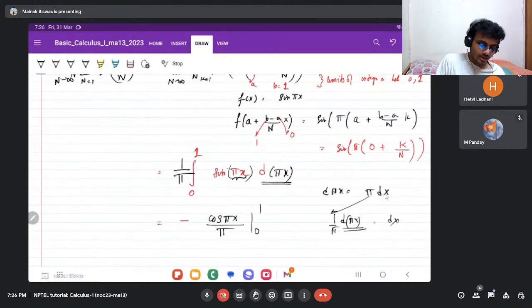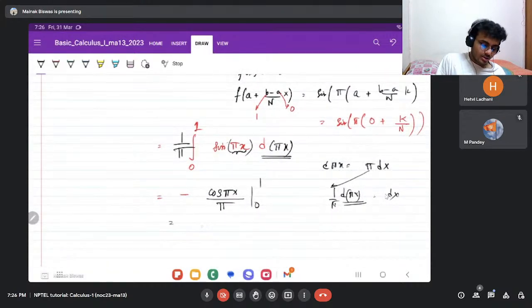Between 0 and 1, this is equal to 1 by pi times minus cos pi x. We will also see this thing later. So let's do it using the fundamental theorem of calculus only. We'll be putting cos pi minus cos 0. So what is this?